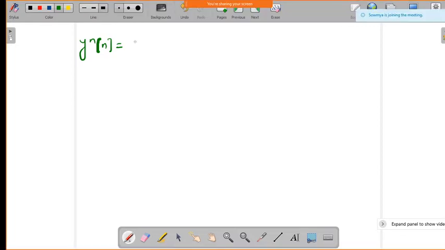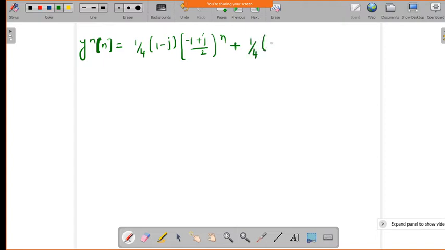The final response is 1 by 4 into (1 minus j), which is C1, into ((minus 1 plus j) by 2) power n, plus C2, whose value is 1 by 4 into (1 plus j), into ((minus 1 minus j) by 2) power n.